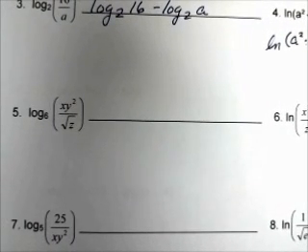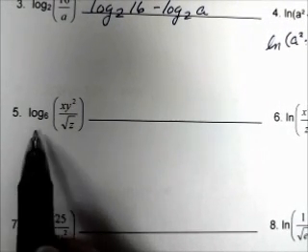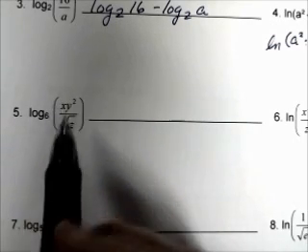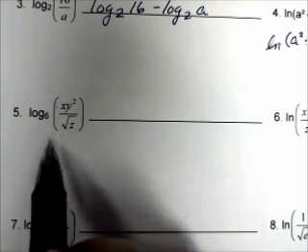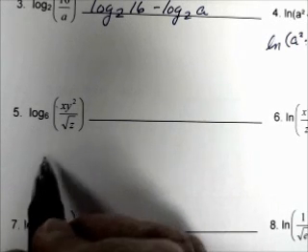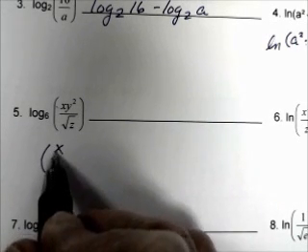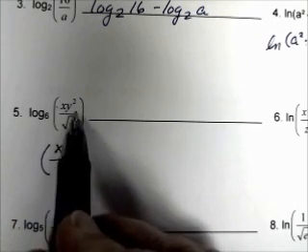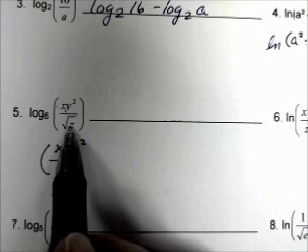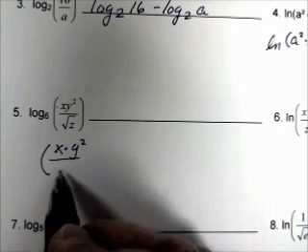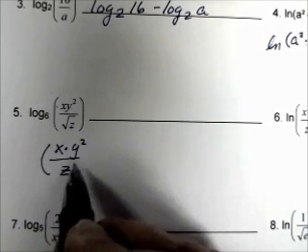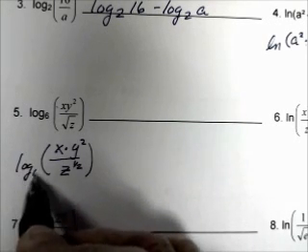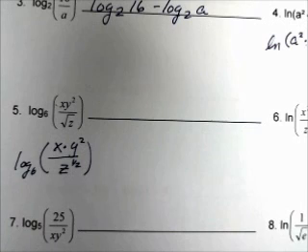Number 5, we have log base 6 of, okay, we've got a couple things going on in the numerator. We have this multiplication and also a power. So this is going to be x times y squared, and then divided by, division expands to subtraction, and let's write the square root of z as z to the power 1/2. So we're expanding.